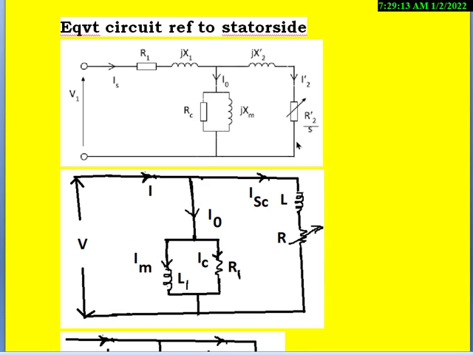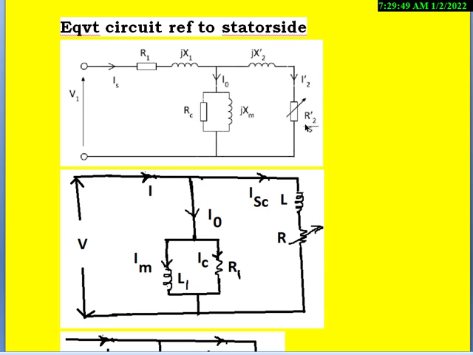This is the secondary side or the rotor side components. This is the rotor reactance referred to the stator side per phase, represented by X2 dash. And this is the resistance of the rotor referred to the stator side, that is R2 dash divided by S. This is the rotor current referred to the stator side represented by I2 dash.